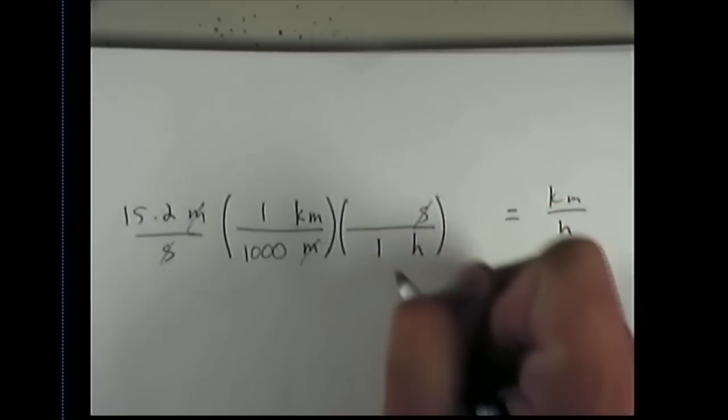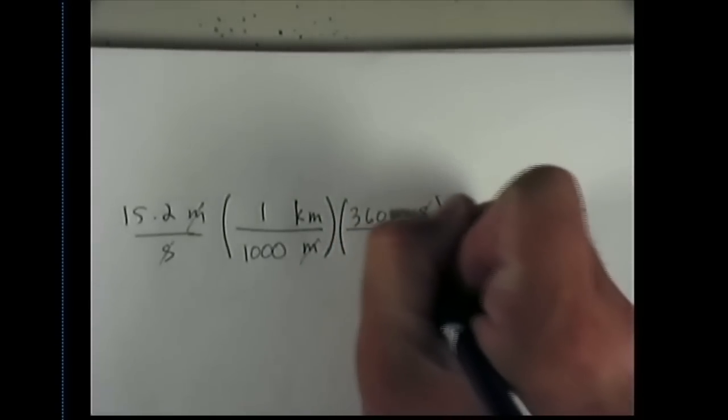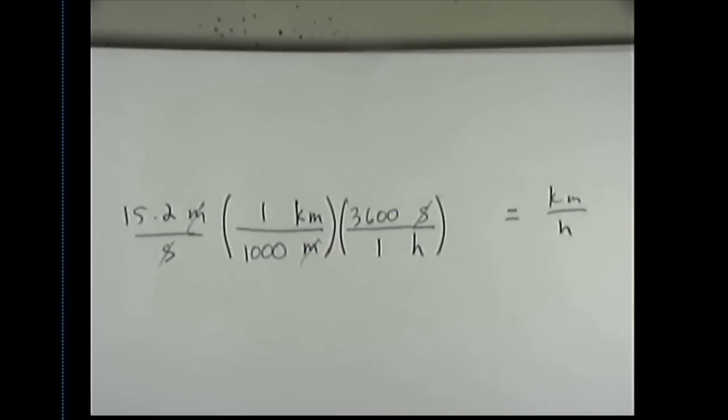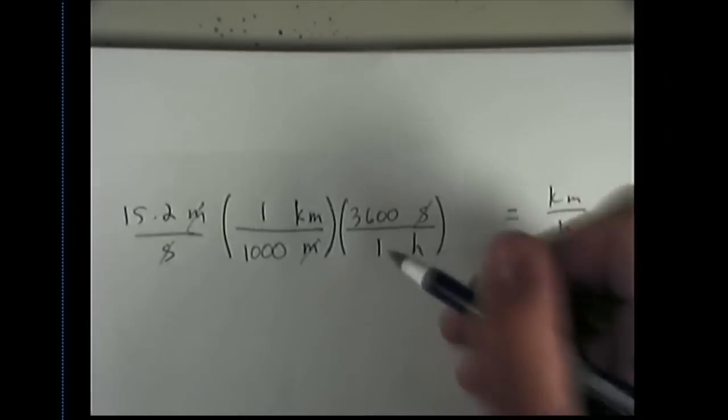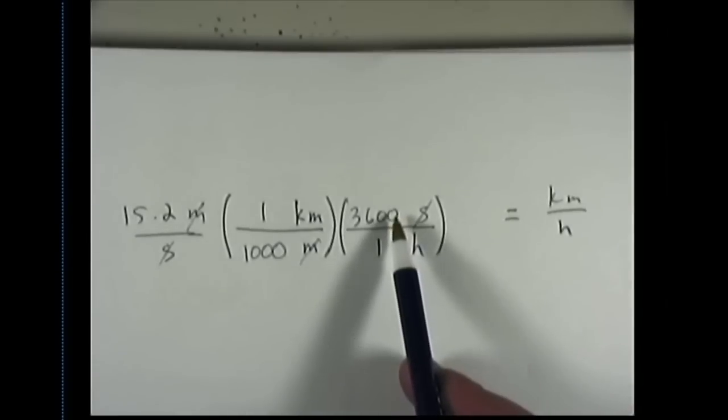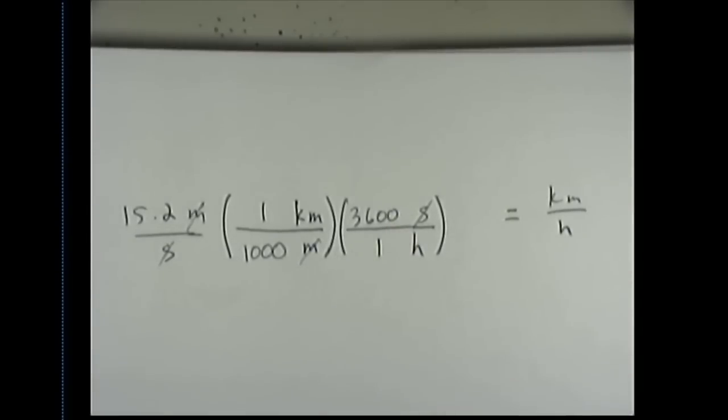Well, as it turns out, 1 hour has 3,600 seconds in it. I put the numbers down and make sure that I've put them in the right place. The reason that I tell you to do that is because I've seen so many students put these numbers in the wrong place, where they put the 1 on the top and the 3,600 on the bottom, and they get the wrong answer. Don't do that.